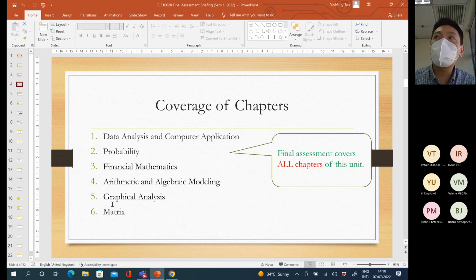Okay. Then lastly is the matrix topic. Make sure that you know how to do the plus, minus, multiplication of matrices and also the inverse matrix. So this will be covered, right?